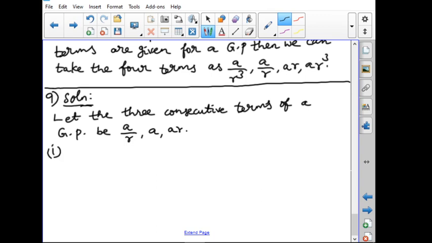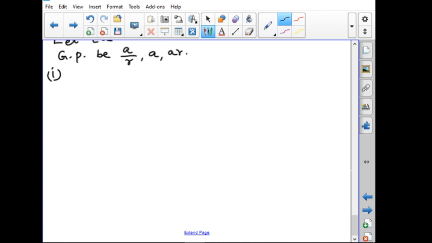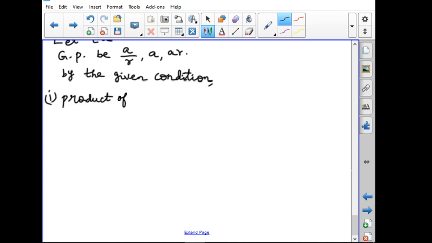By the given condition, the first condition is the product of three terms equal to 27.